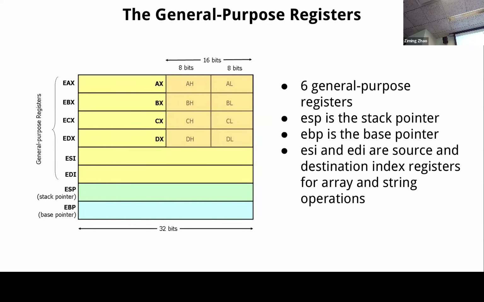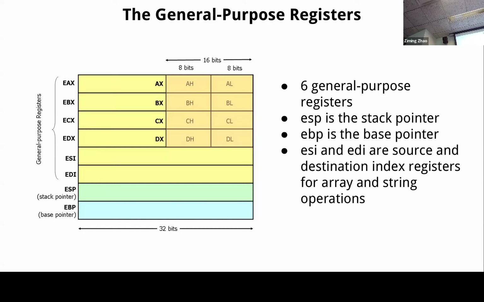Before that, in the early 80s with the 8086, we only had 16-bit Intel CPUs. So we did not really have the full EAX. We only had AX, BX, CX, DX, which are the lower 16 bits of the same registers, and they have different names.